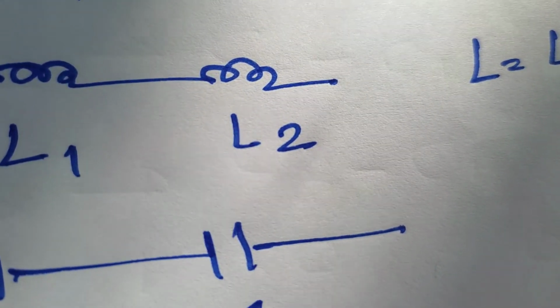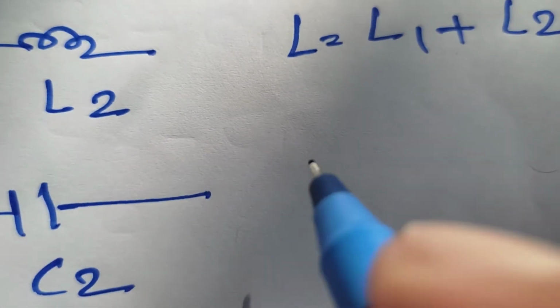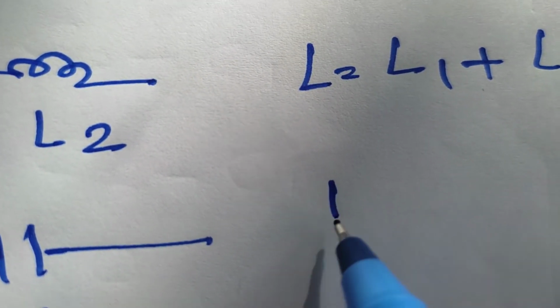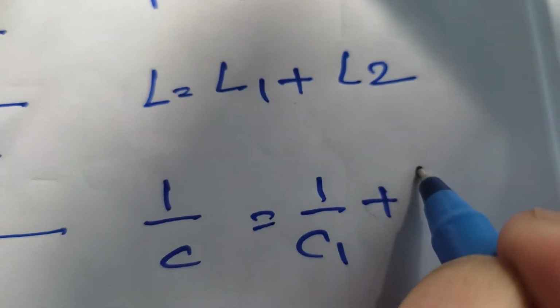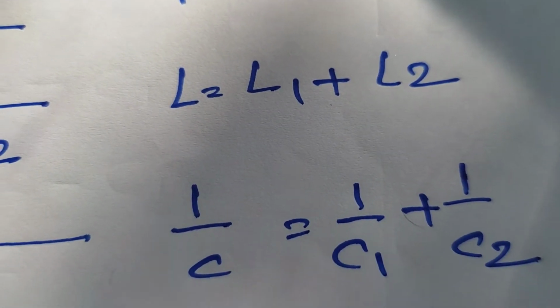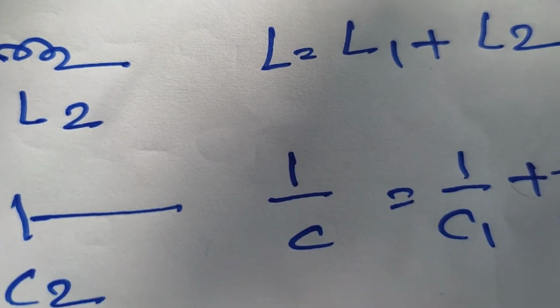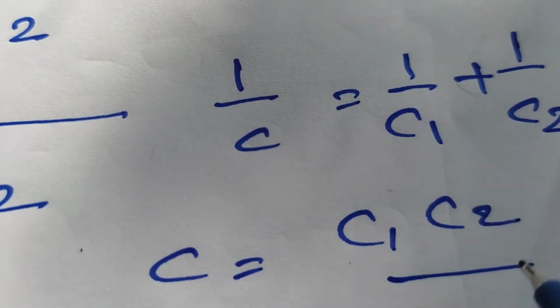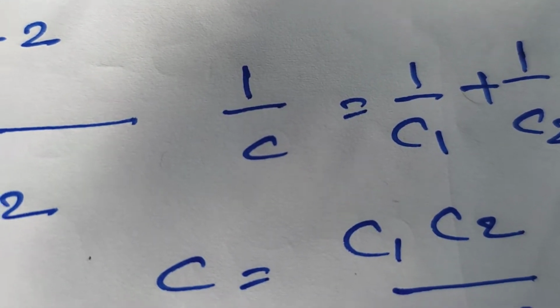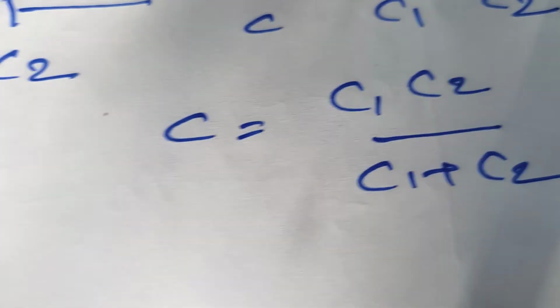C1, C2, then its total capacitance is 1 by C equal to 1 by C1 plus 1 by C2, remember. And that is C equal to C1 C2 by C1 plus C2.